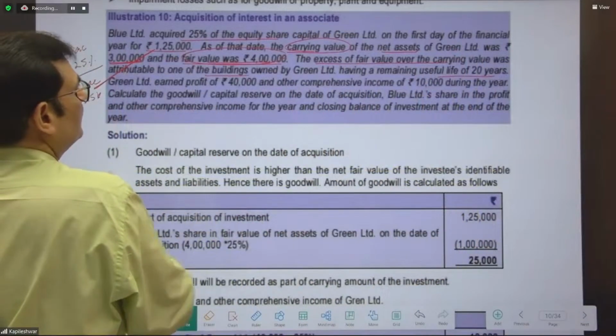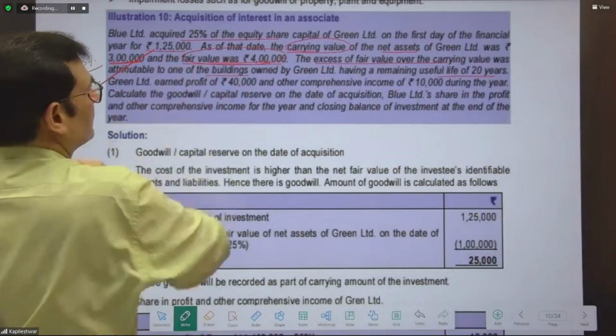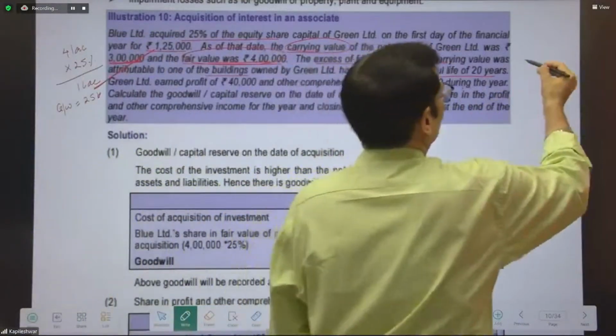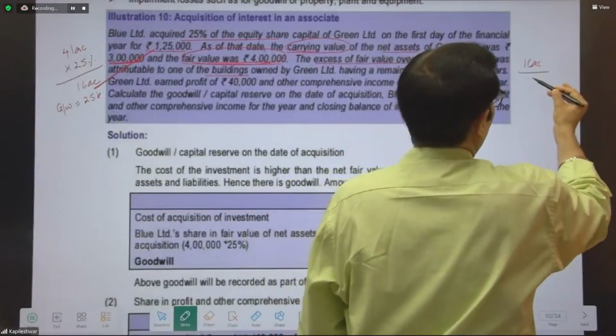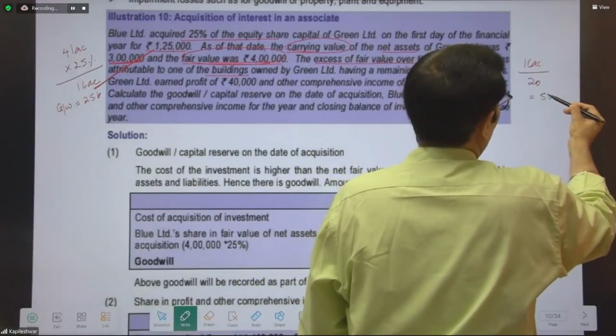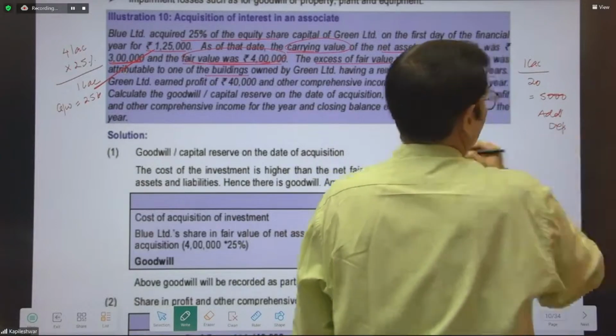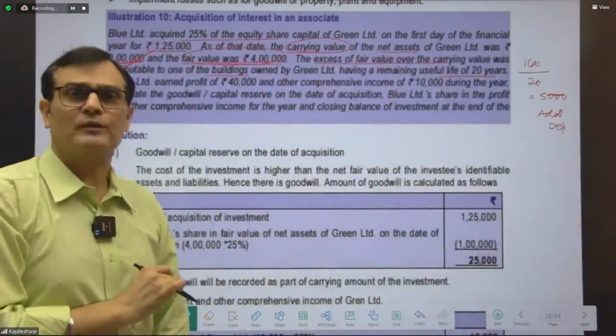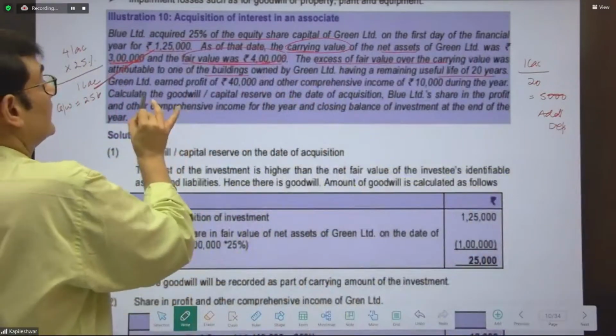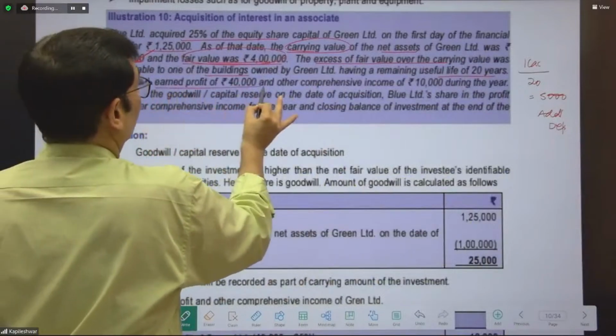Therefore, since you revalued the asset by 1 lakh rupee, that 1 lakh rupee increase is to be spread over 20 years. So 5,000 is the additional depreciation, which I will consider in calculating the profits. Then he says Green earned a profit of 40,000.